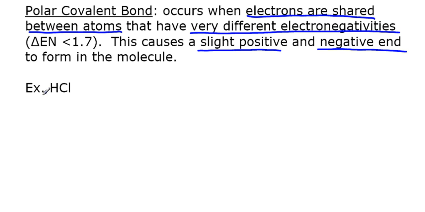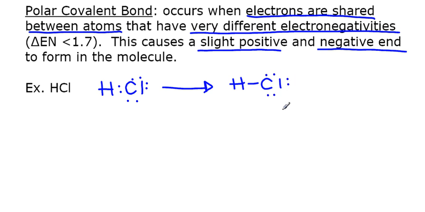If we were to draw out a Lewis structure for HCl, hydrogen shares one, the other one's from the chlorine. Or if we draw it like we were practicing in our last lesson, it would look something like this. So let's look up the electronegativity values.